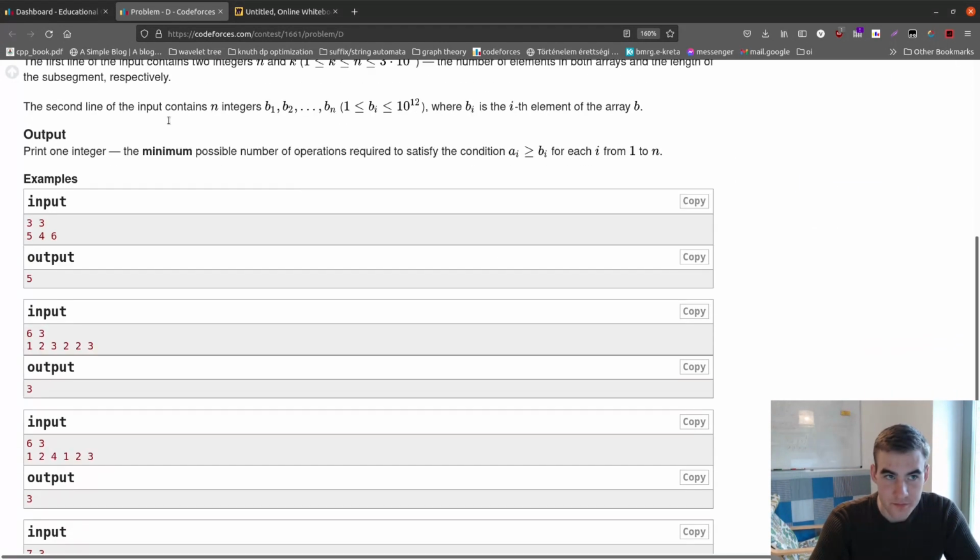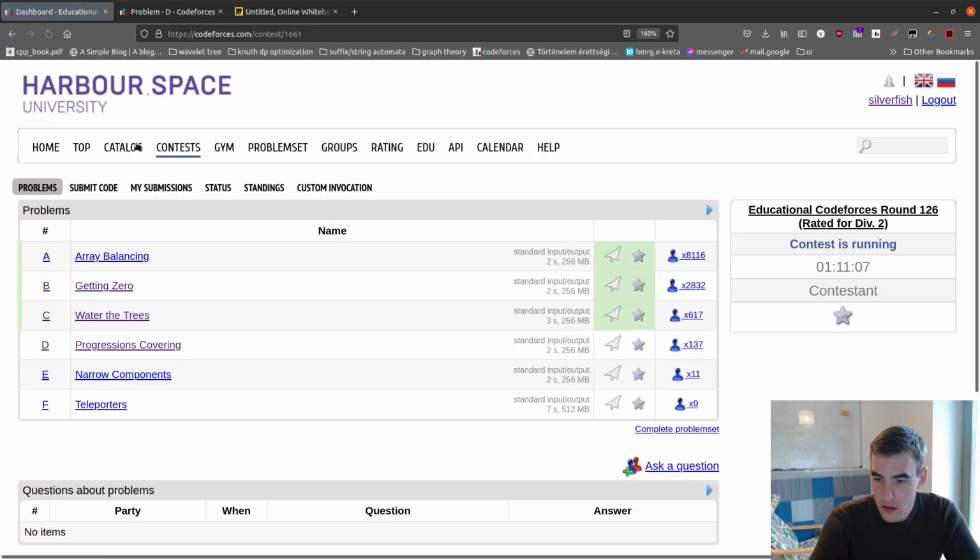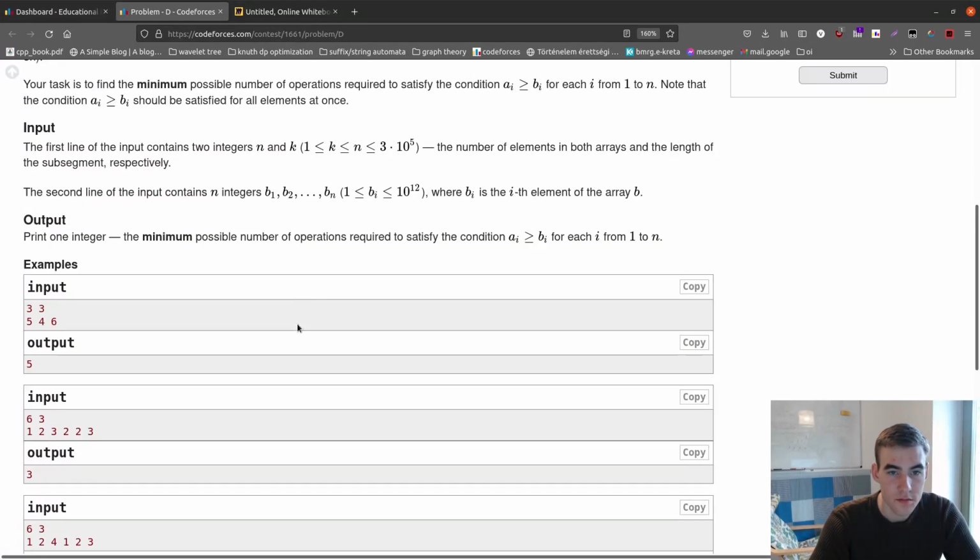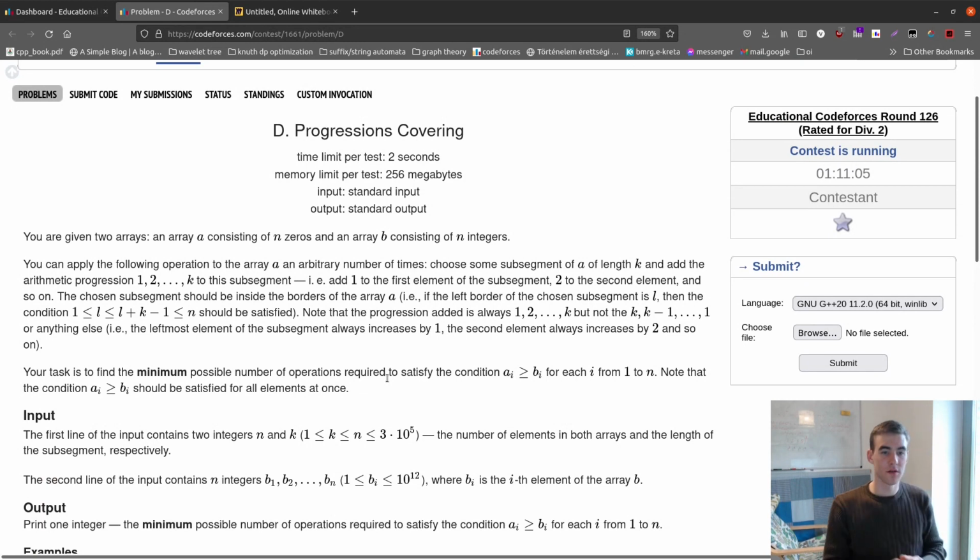Okay, D. Not many people solving D yet. You are given two arrays, A consisting of n zeros and B consisting of n integers. You can apply the following operation to the array an arbitrary number of times.